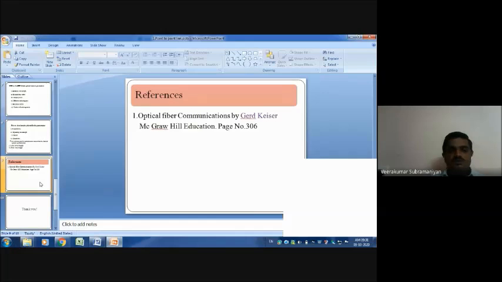Thank you. Before winding up this session, let us recall the contents we have discussed so far. The point to point link represents the transmitter part and receiver part. In between the transmitter and receiver, we have established fiber optical cable. Before the selection, what parameters are to be considered?